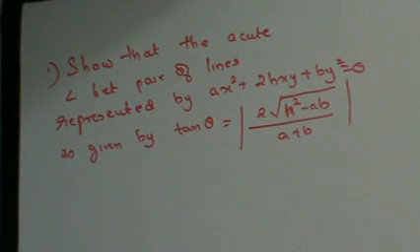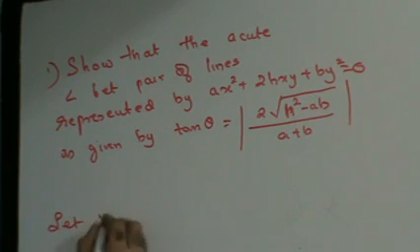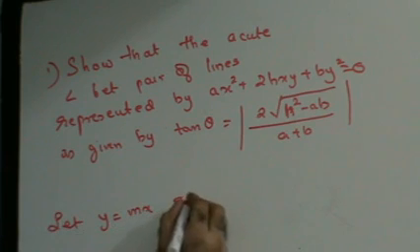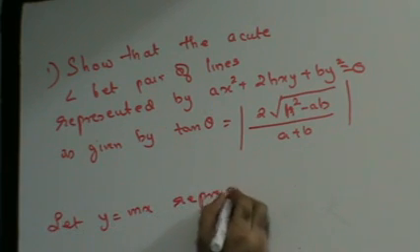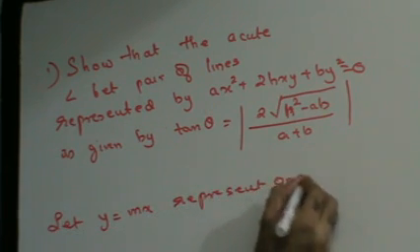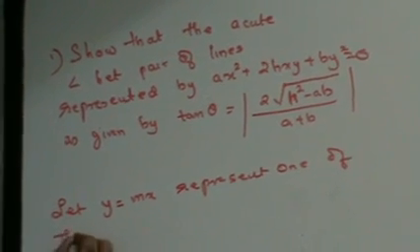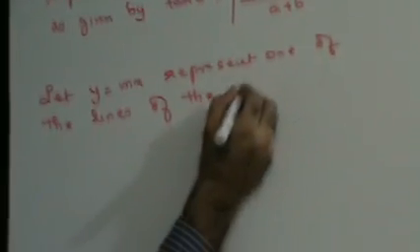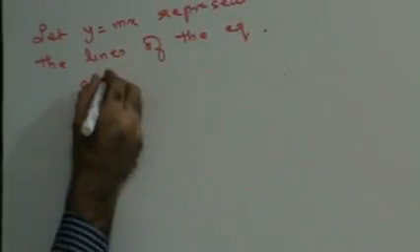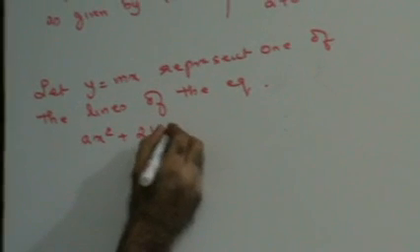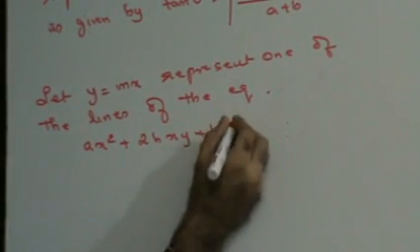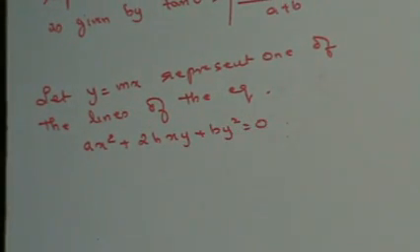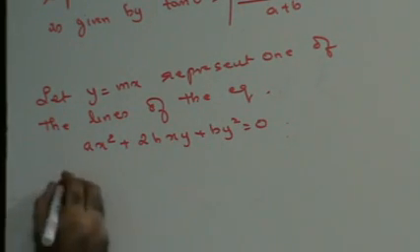Okay, now let's see this. Let y is equal to mx represent one of the lines of the equation ax square plus 2hxy plus by square is equal to 0. Hence, y can be substituted as mx in the above equation.